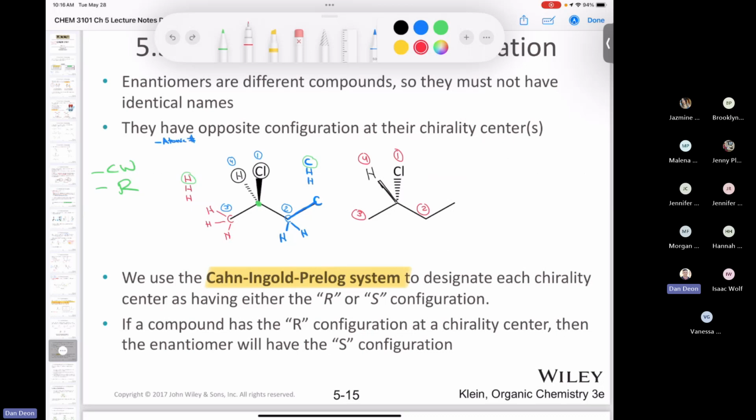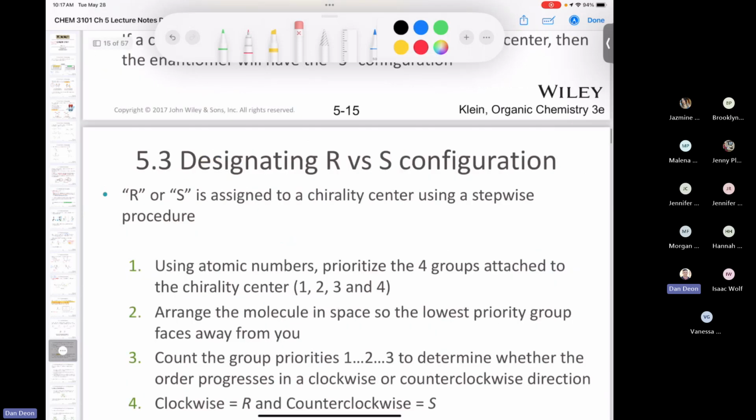So we're going to go from 1 to 2 to 3, which is clockwise, which you think would give you R. But since the lowest priority group is coming towards us, right, it's on a wedge, it's not on a dash, we reverse it, and it becomes S. So this compound is an S compound. The one on the left is an R compound, and the one on the right is an S compound. So that is me teaching you how to do it.